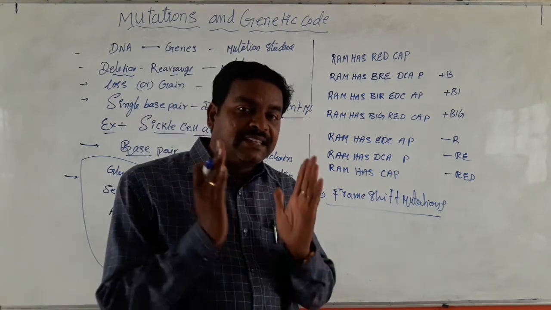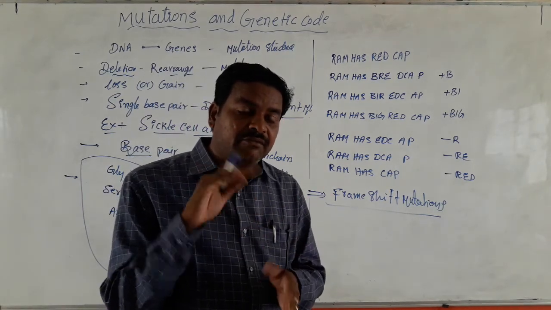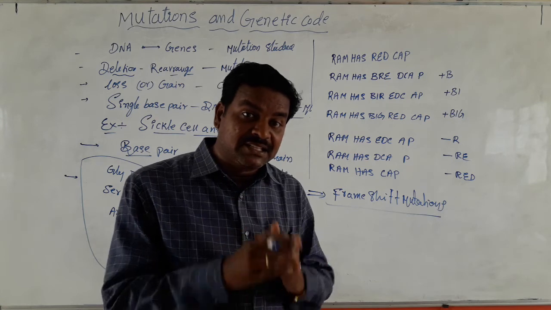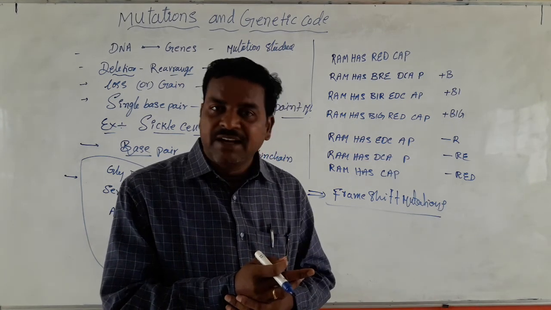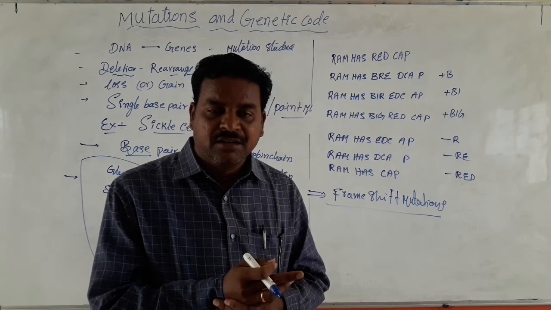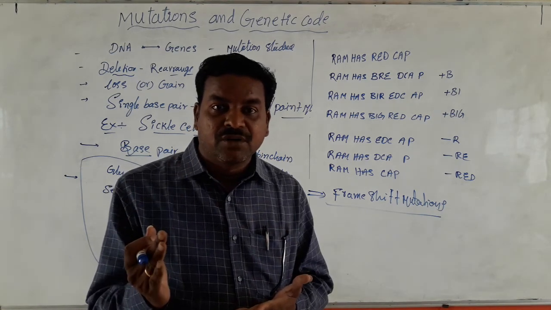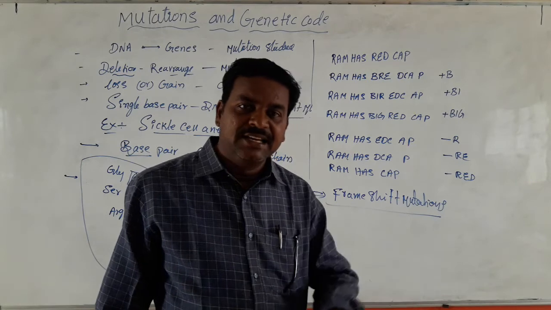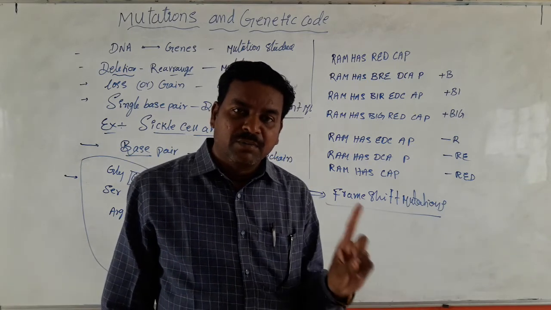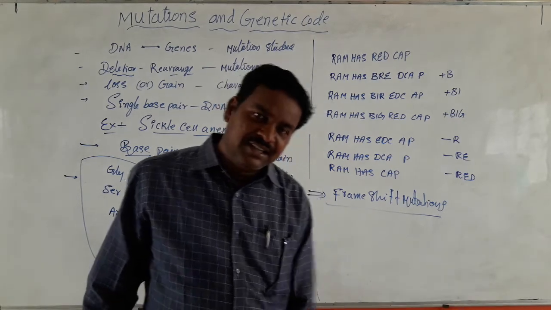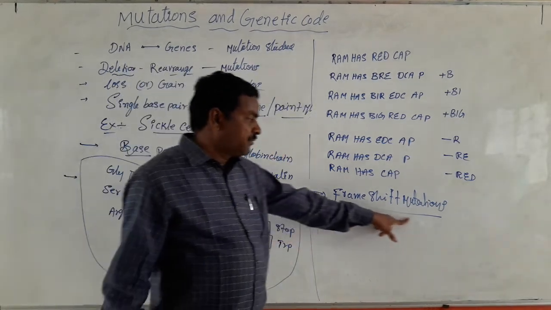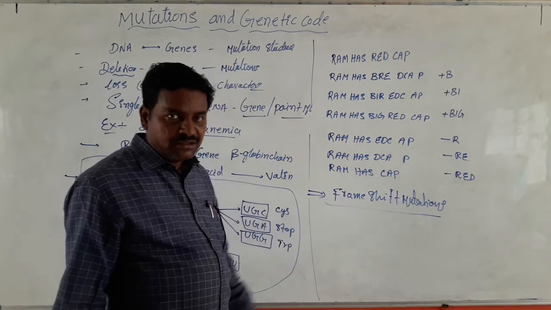Or when multiples of three letters are inserted or deleted, the reading frame will not rearrange, but one or multiples of codons are inserted or deleted, and one or multiples of amino acids in the polypeptide chain are inserted or deleted. Such mutations are called frame shift mutations.